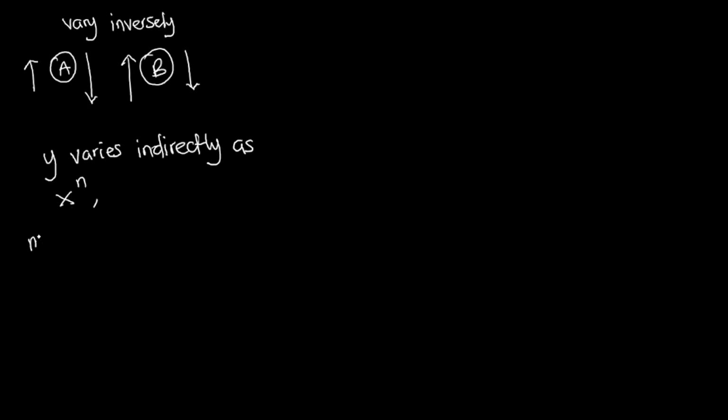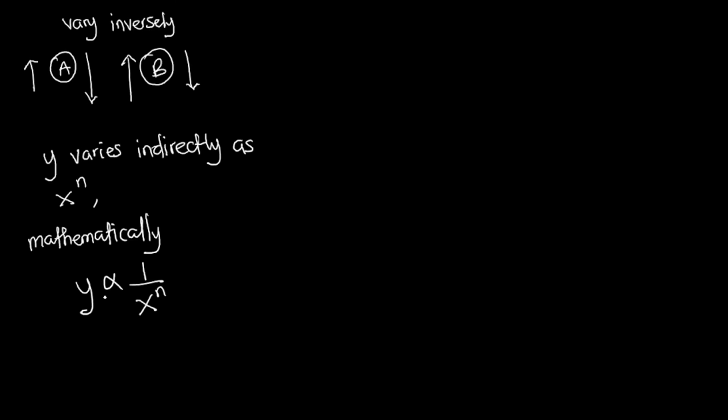So mathematically, we write y, this is our variation sign, and then to show an inverse relationship, we write 1 over the second quantity, which is x raised to the power n. So this statement shows that y varies inversely as x raised to the power n.